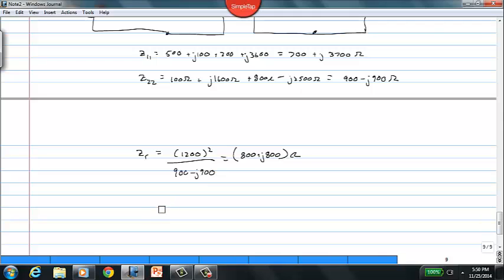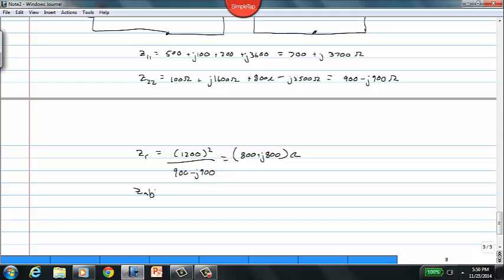So next I want to calculate the impedance seen looking into the primary terminals of the transformer. That's just going to be the impedance of the primary windings plus the reflected impedance.